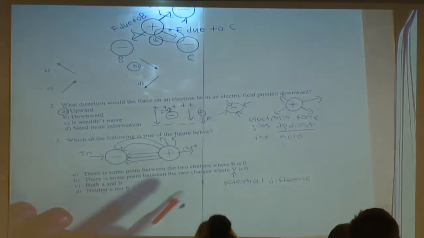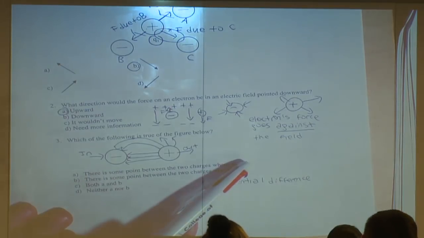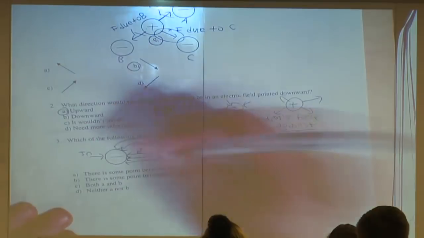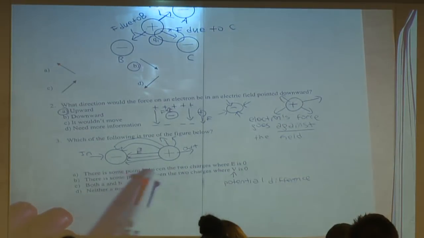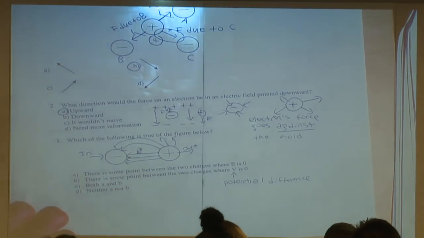So the question's asking if there would be a point where the electric field is 0. Because these are our electric field lines right here, right? Since we have these electric field lines, it wouldn't be possible for it to be 0, because we have those vectors.